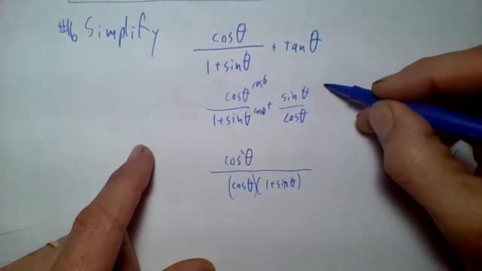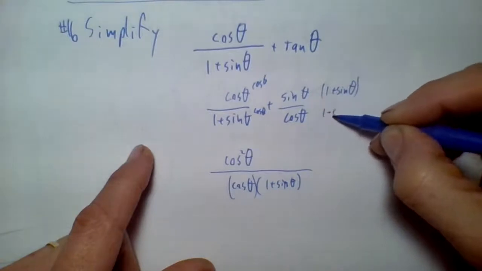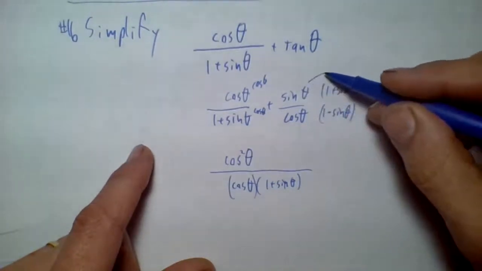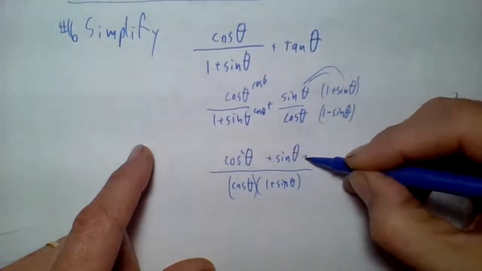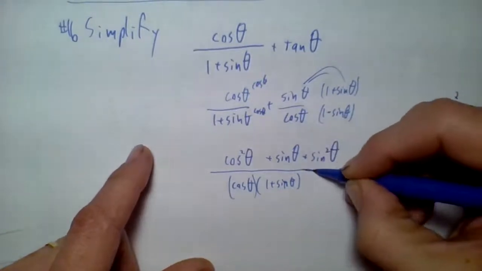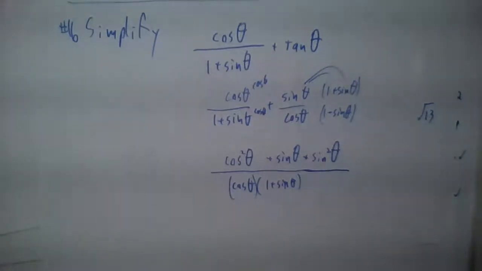This is being multiplied on the top and bottom by 1 plus sine theta, and I have to multiply that out. So that's plus sine theta plus sine squared theta. That's just doing what algebra tells you to do, as if I just had 2 letters in there.